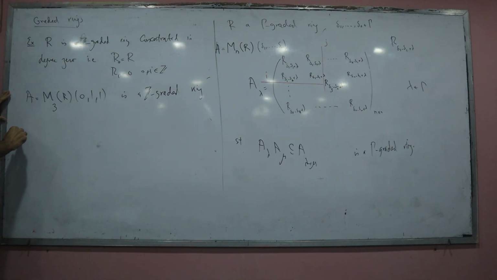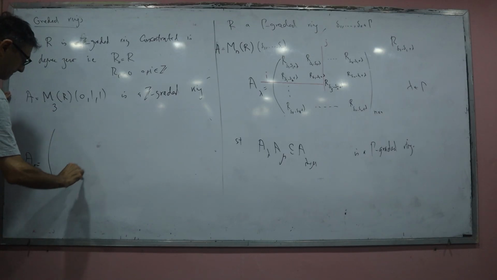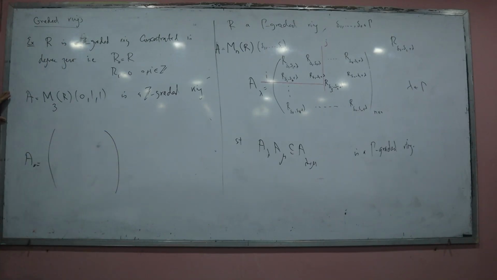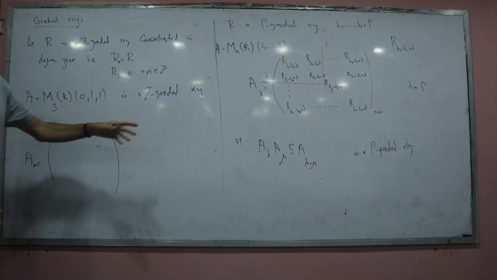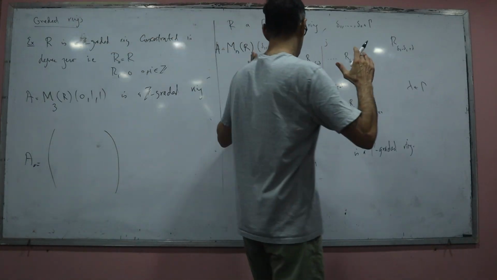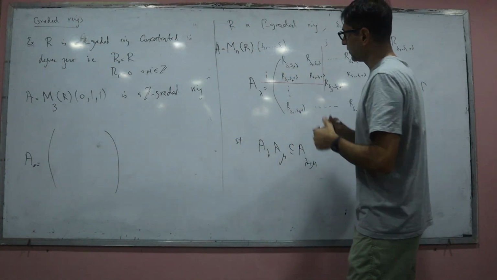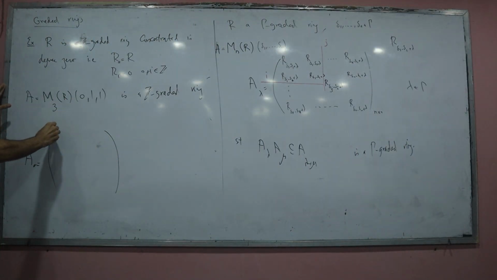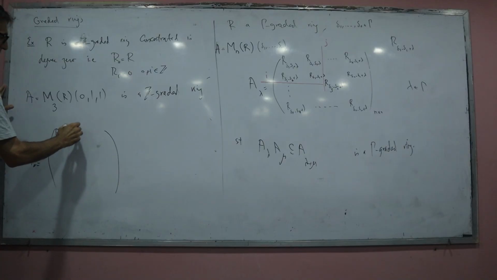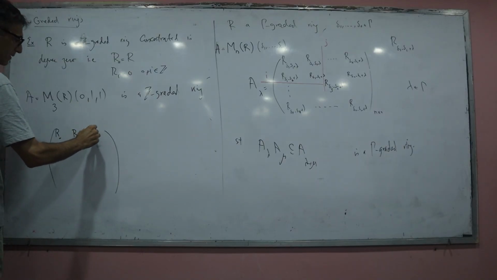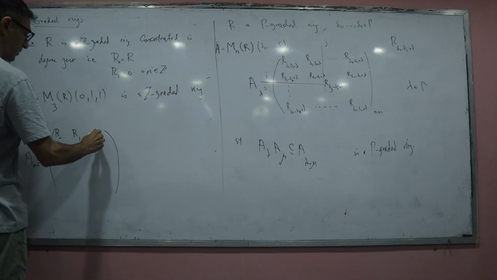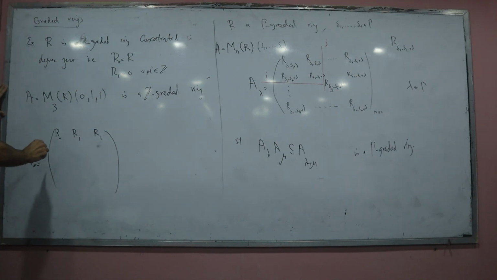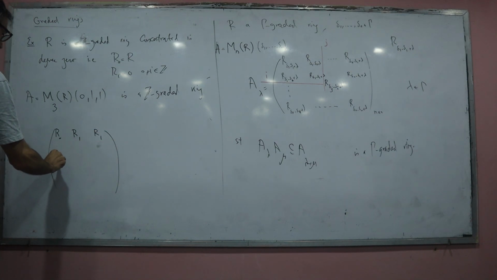But I want to consider, now calculate A0. So you have just to plug this in here. First of all, I plug this in here and then decide what these are. So this is R0. This is R1. This is R negative 1.